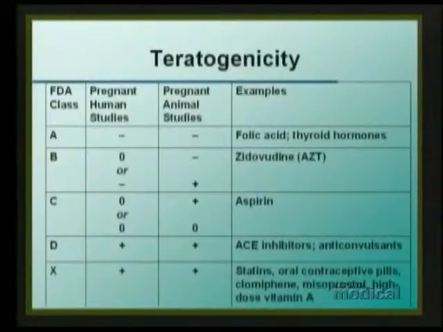Go to the end of the table now and look at a class X. A class X is a drug that has known human studies and known animal studies where teratogenicity has occurred. In that situation, a class X is absolutely contraindicated in pregnancy. A great example of this is any steroid type of drug, such as oral contraception, such as clomiphene, such as drugs that work on prostaglandin like misoprostol.